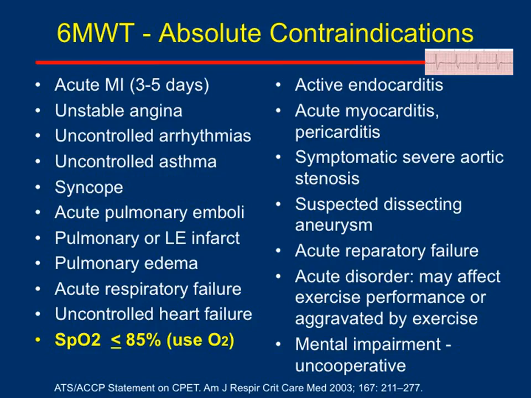So where do you start? You start with reviewing the patient's record and looking for absolute contraindications. These are primarily cardiac, but really any disorder that would affect the exercise performance or be aggravated by exercise. Probably the most common one we encounter in rehab is hypoxemia. Certainly if they're hypoxemic at rest, they will be needing oxygen.